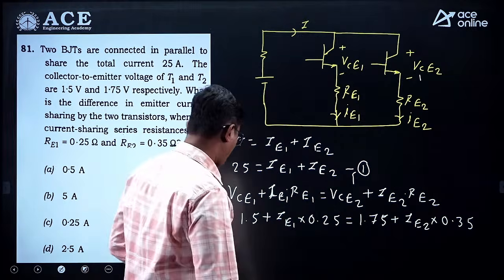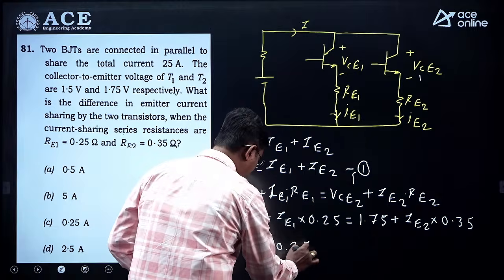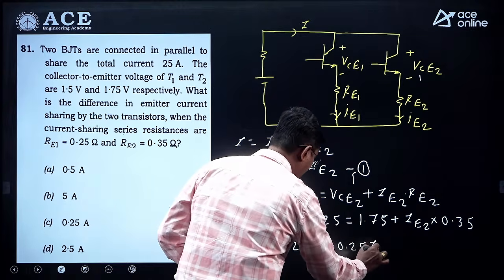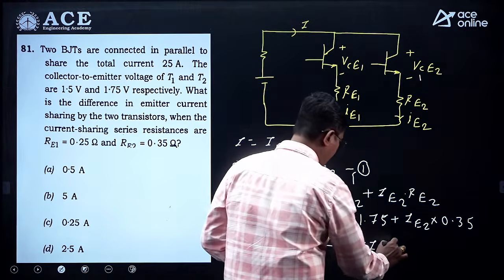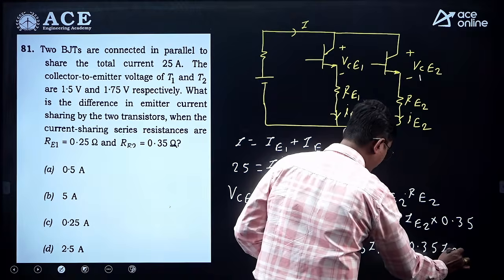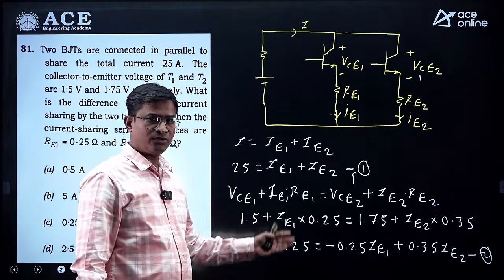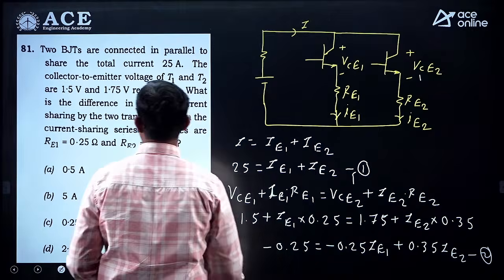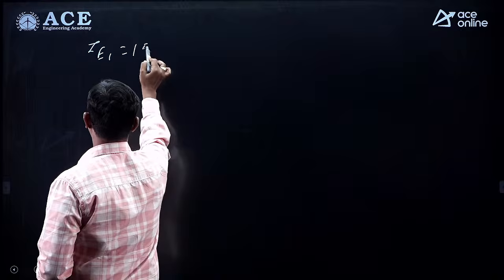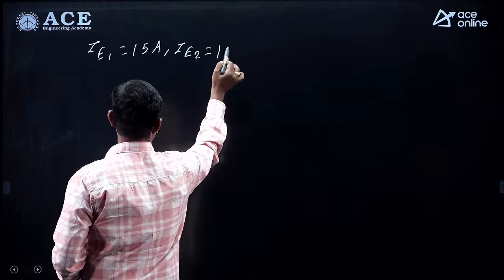From this I can form the second equation: minus 0.25 equals minus 0.25 into IE1 plus 0.35 into IE2. Consider this as equation number 2. Two equations, two unknowns, we can solve this, and after solving we get IE1 equal to 15 ampere and IE2 equal to 10 ampere.